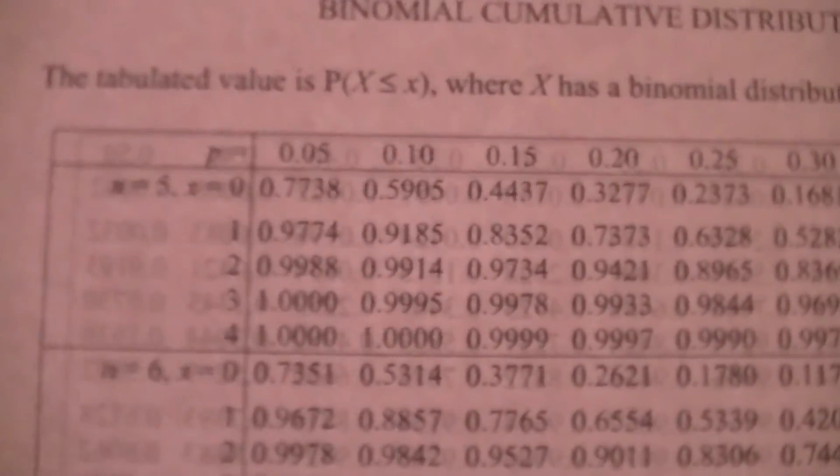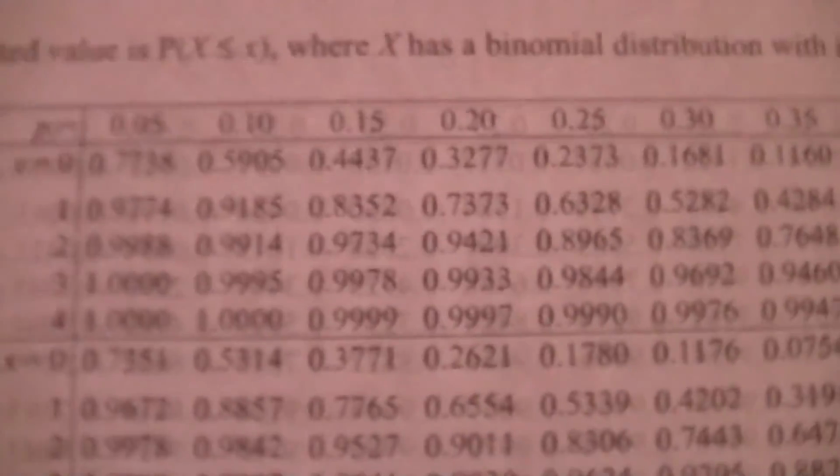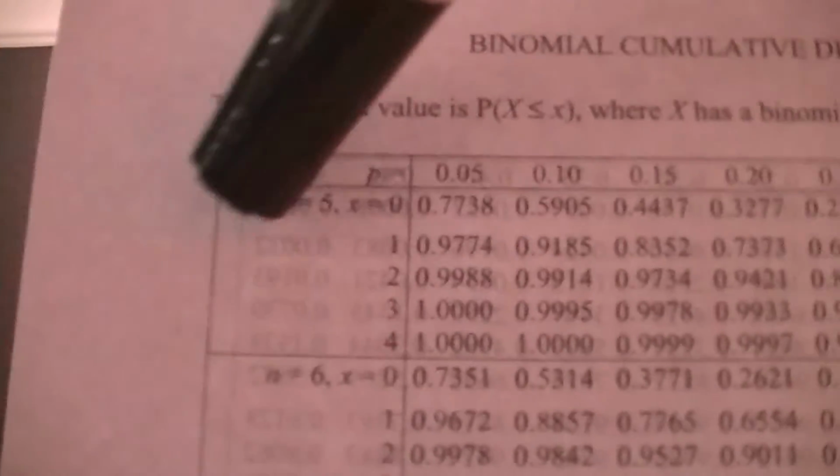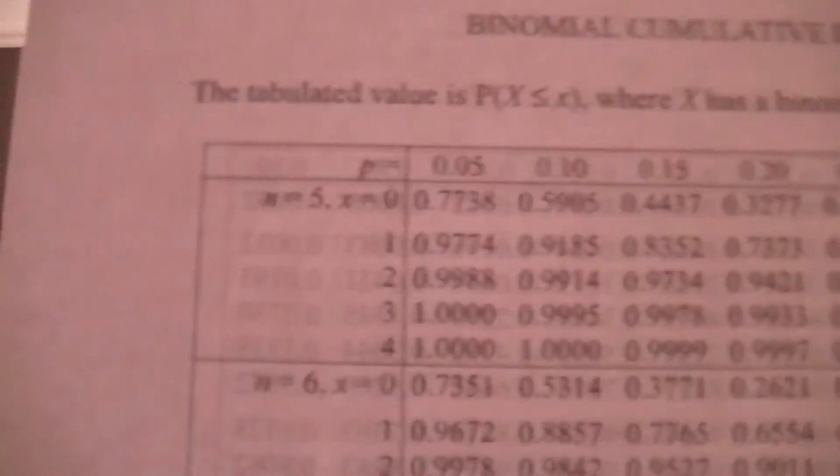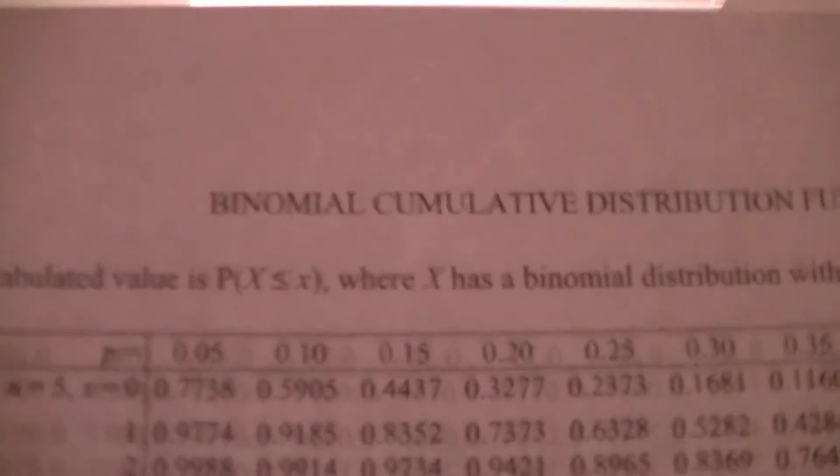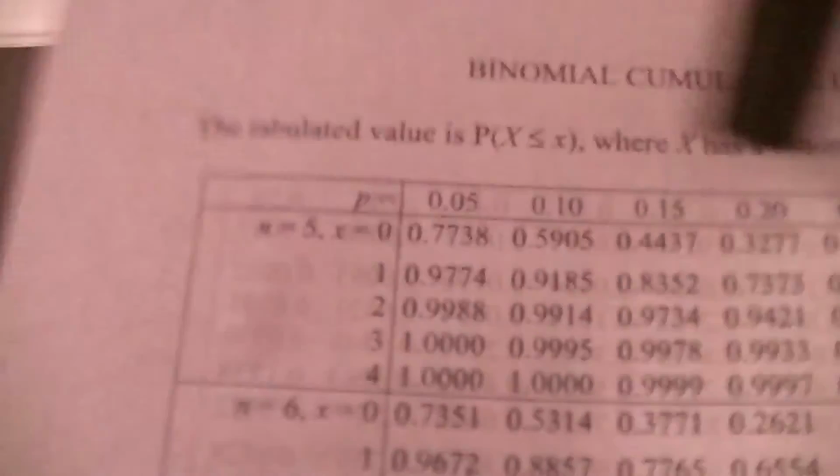We use the two values given: n is equal to 5, so we choose the first column, and the probability of success, little p, is equal to 0.1, so we choose that column. But this n equals 5 doesn't mean we choose this first row. It just says all of this is to do with when we've got 5 outcomes.